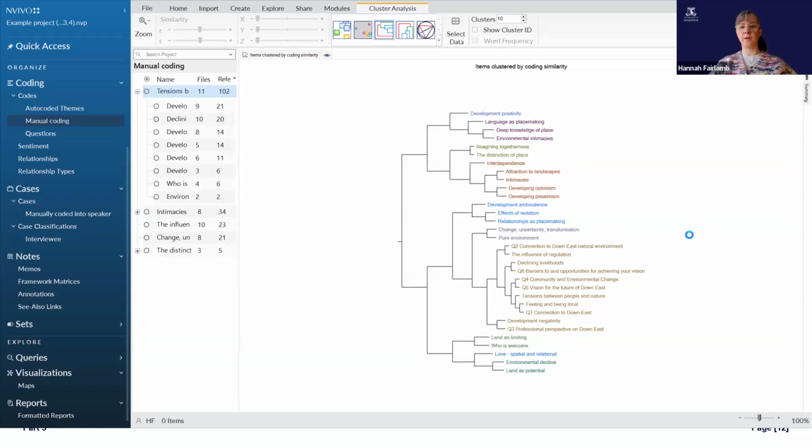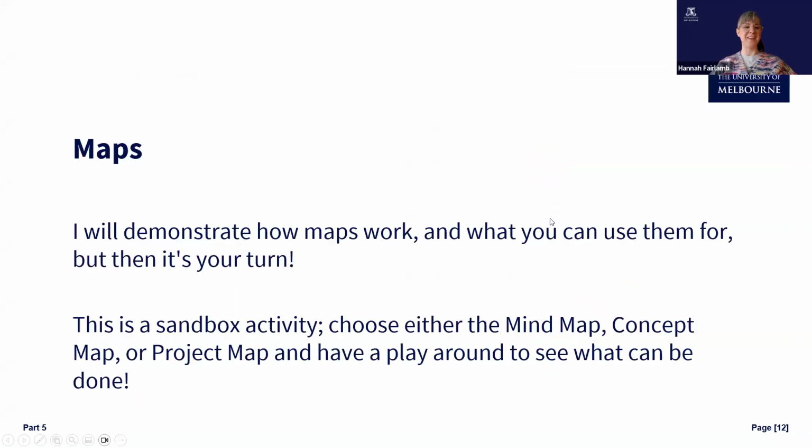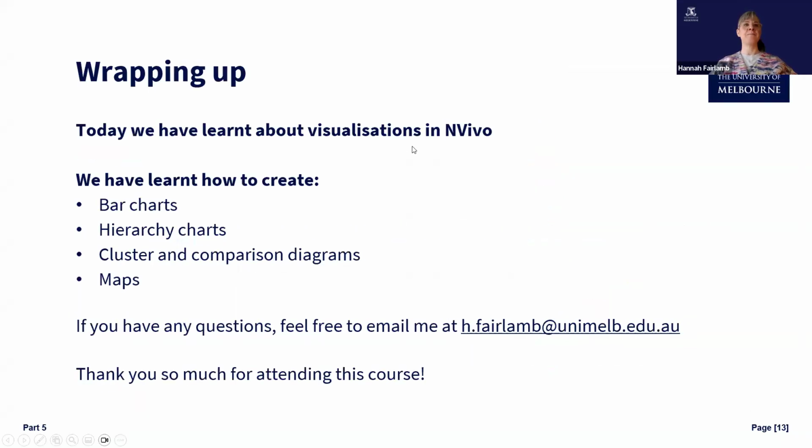I find that a lot of working with NVivo is just clicking around and trial and error: what happens if I do this, what about if I do this, and why isn't this working? So I hope that you feel confident in being able to do that.